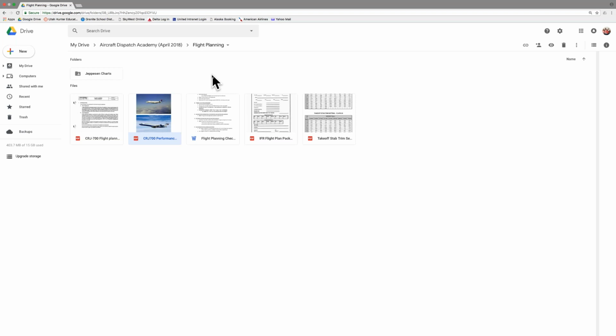The only ones we're really concerned with as dispatchers are V1, VR, V2. The VREF speed that I showed you is more pilot stuff. But on that chart, I'm just showing you that it is something that we will calculate for performance reasons.